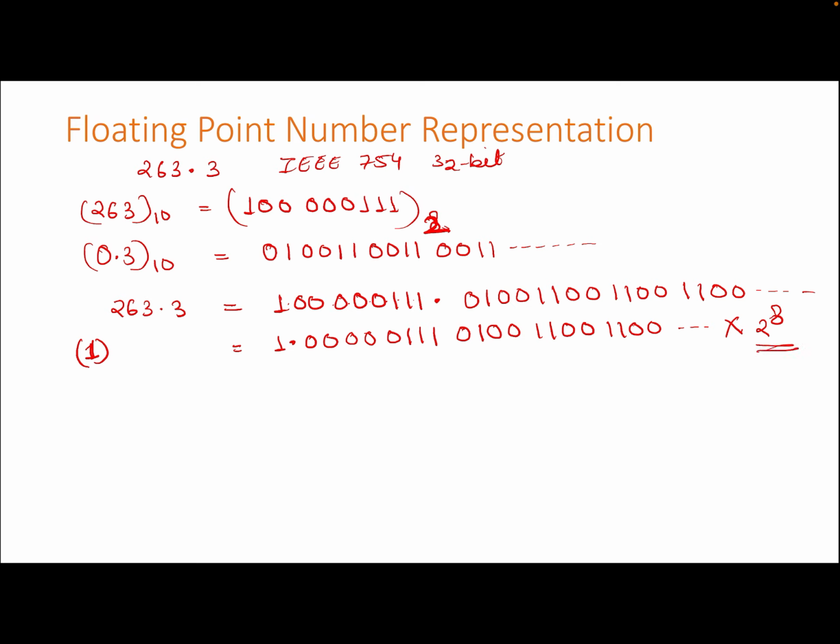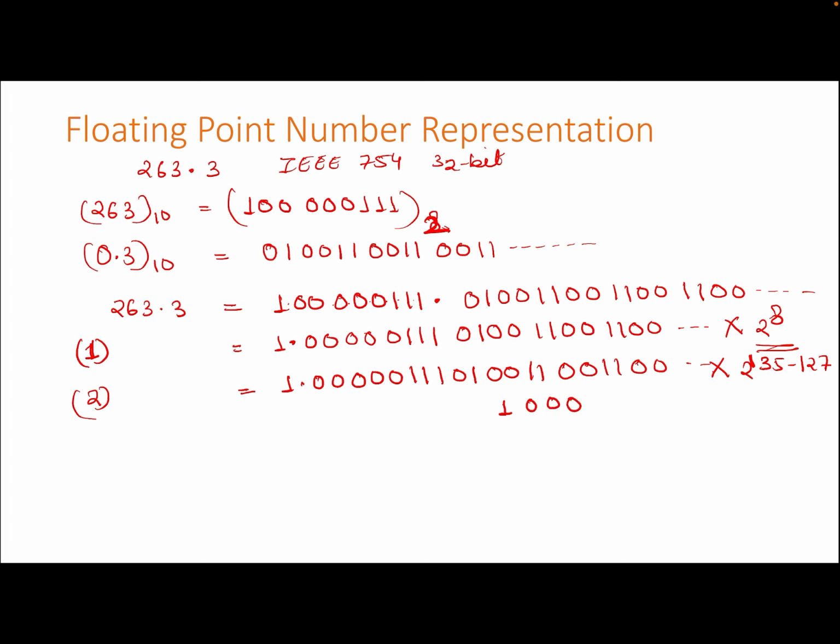Now write this according to this formula, which is 1.0000011101001100 and so on, into 2 raised to power 135 minus 127. Okay. Now the binary equivalent of 135 is 10000111.